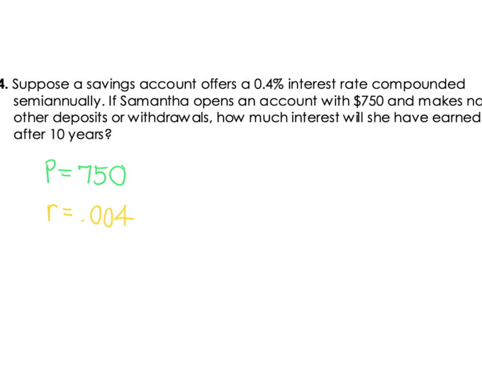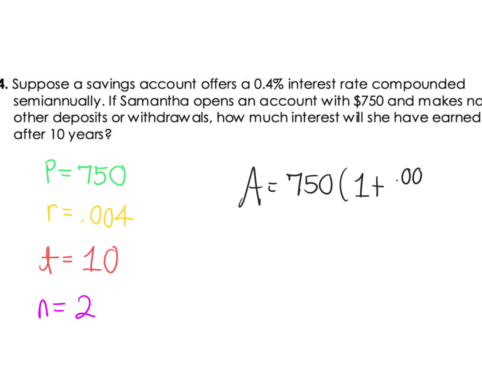We know that our number of years is 10. And then we know the number of times per year is 2 because it's semi-annually. So we can set it up as 750 times (1 plus 0.004 divided by 2), and the whole thing is going to be raised to the power 2 times 10. Then this is going to be 780.58.